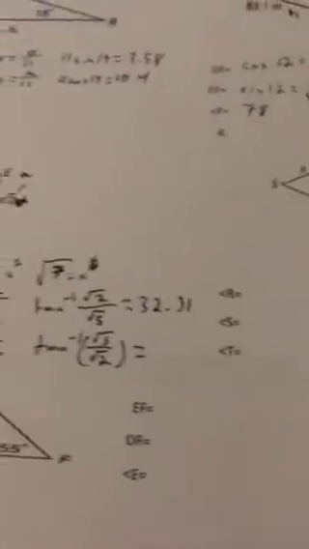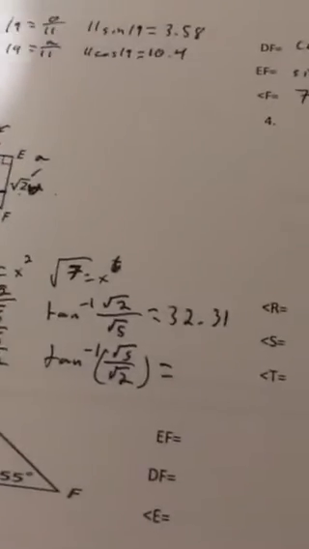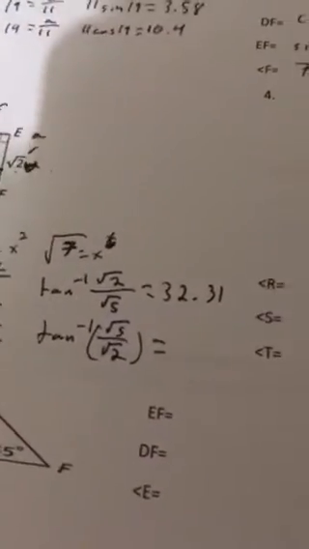Root 5 divided by root 2, and inverse that number. And we get 57.688, so that's going to round up to 57.69.